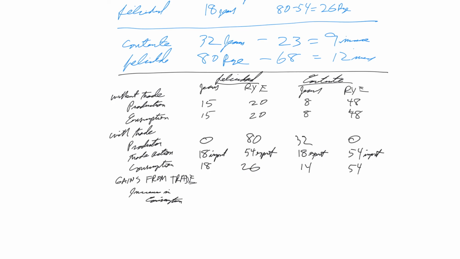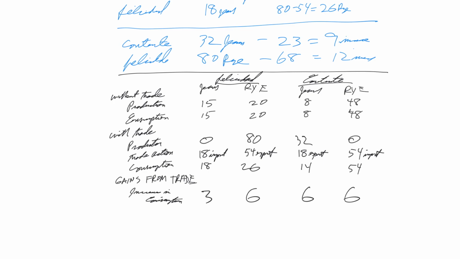Same over here with Contente. 14 minus 8 is their gain from trade for genes. 54 minus 48, their gains from trade from rye. Well, let's write in the numbers. That does it.